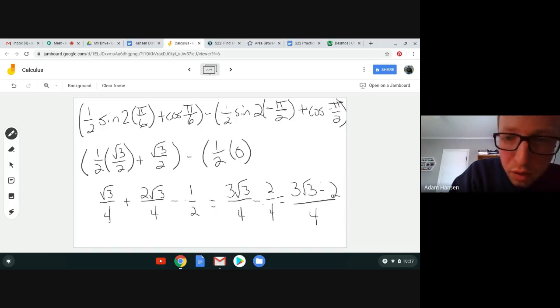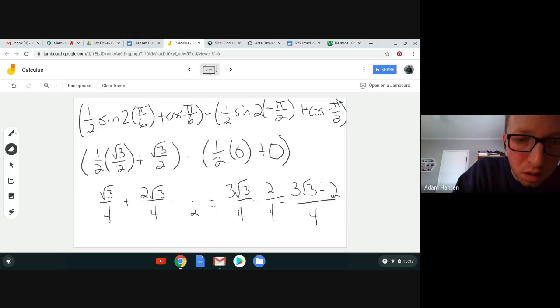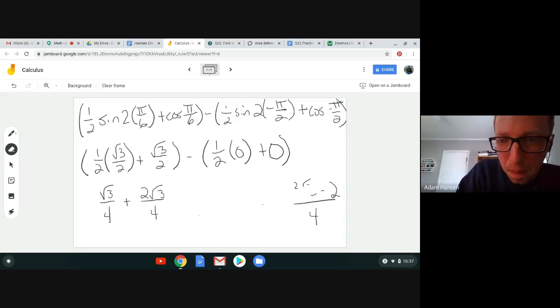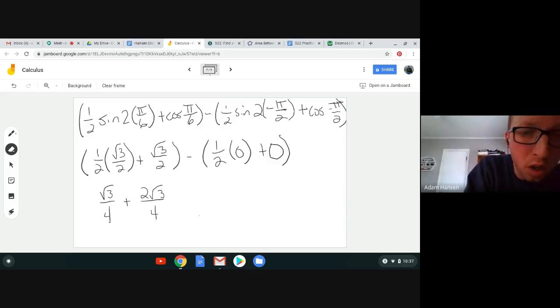Cosine of -π/2 is 0. So essentially, this goes to 0. I've got it now. Thank you for your help, London. It is going to be 3√3 over 4 because now this becomes 0.